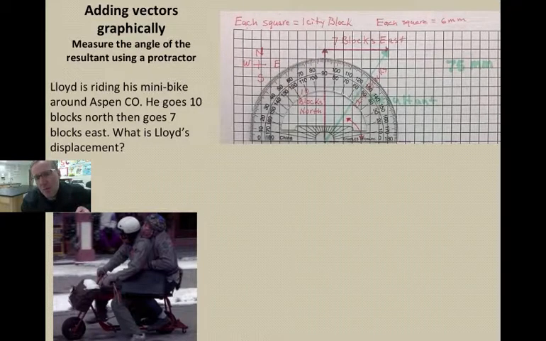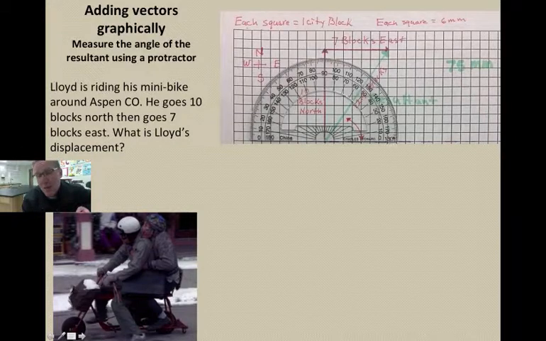And you also want to make sure you use the correct numbers. So here, since I'm coming off of this line, and my inside numbers on my protractor are the ones that start at 0, I would use those. I wouldn't start with these because this starts at 180 and goes down, and that would not give us the right thing.